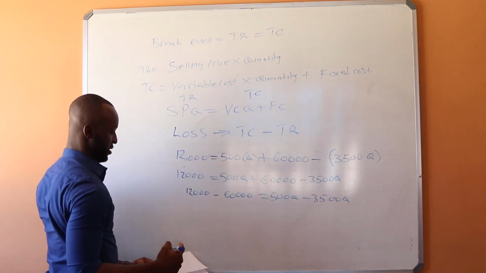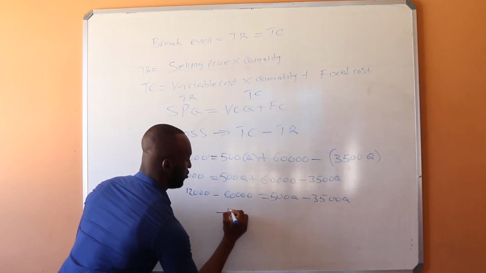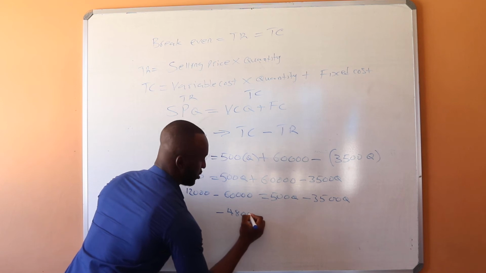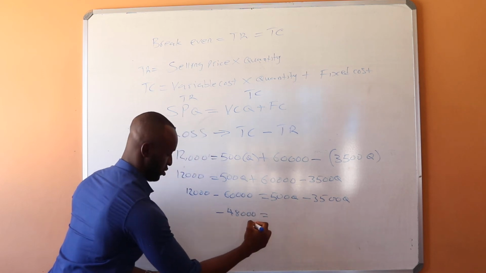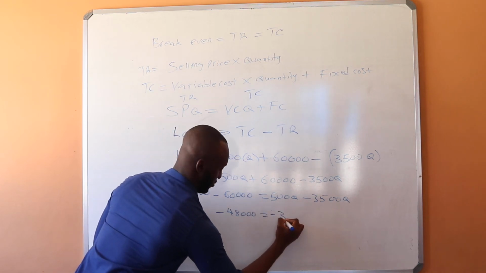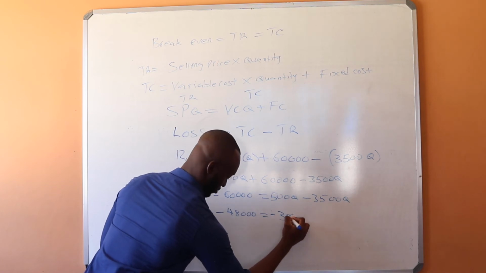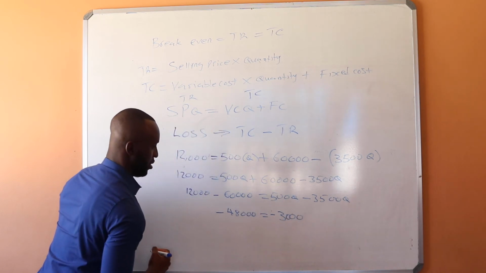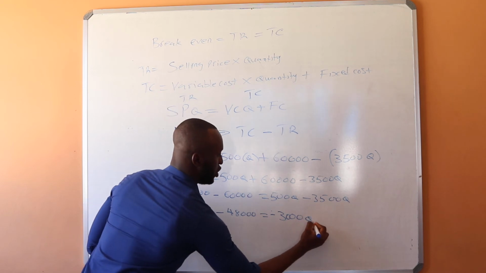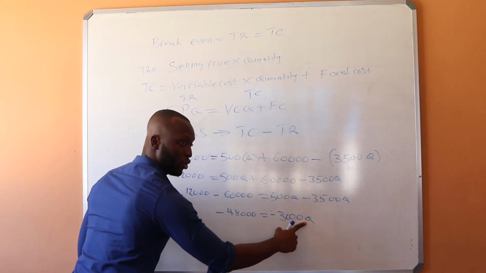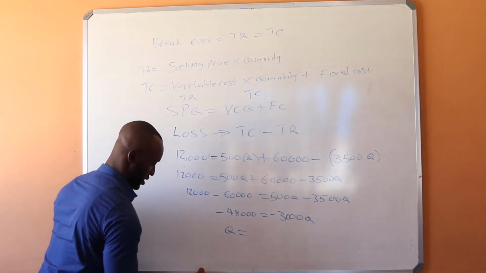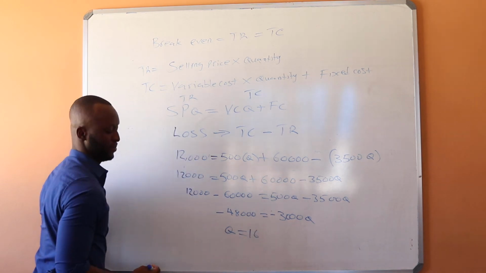When you solve this, you're going to get negative 48,000 is equal to negative 3,000 cubed. And when you solve for cube, your cube is equal to 16.